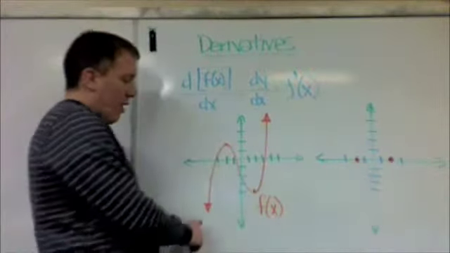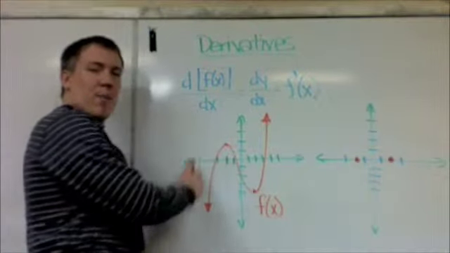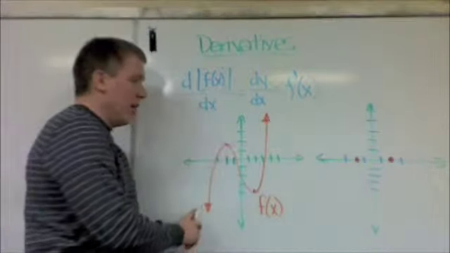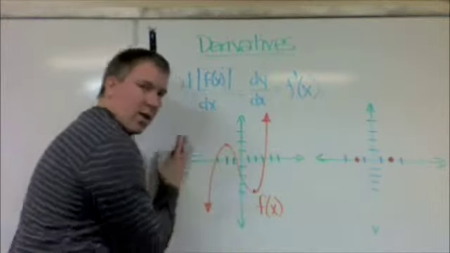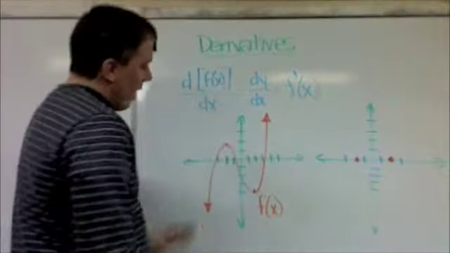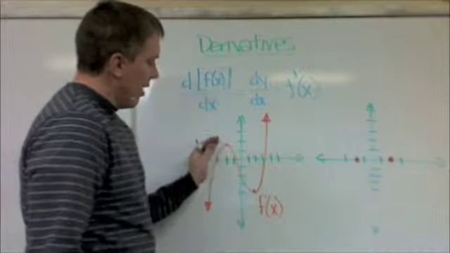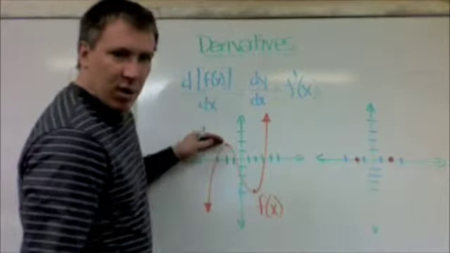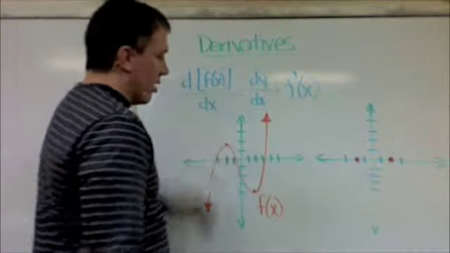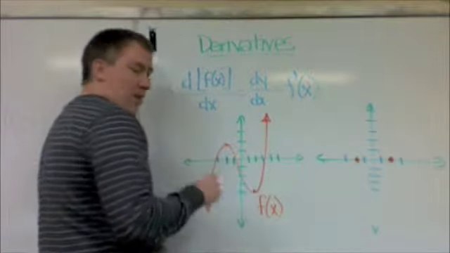Now if I look at all the points coming up to this point, these look to be positive slope. The graph is going up, the tangent lines are pointing up, that's a positive slope. And it's actually getting smaller, meaning as it comes closer to this, the slope of the tangent line is getting closer to 0. So it's positive slope, positive value.